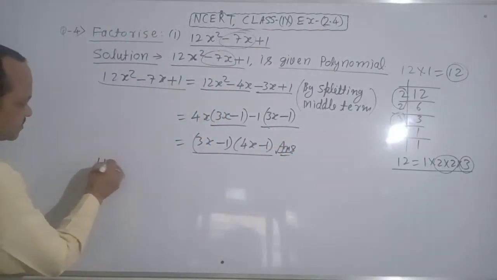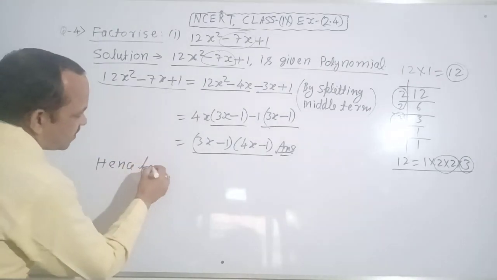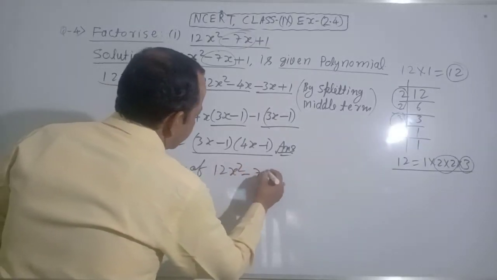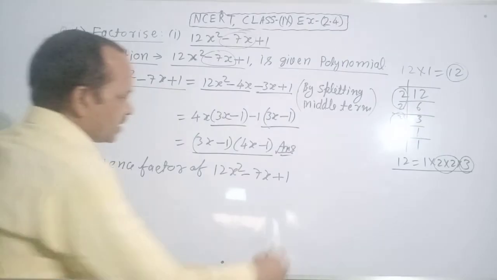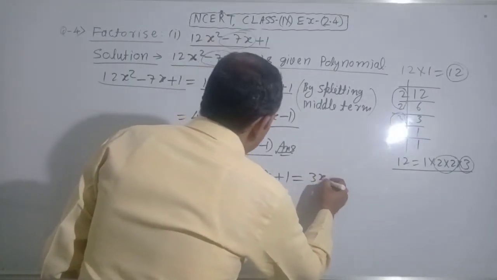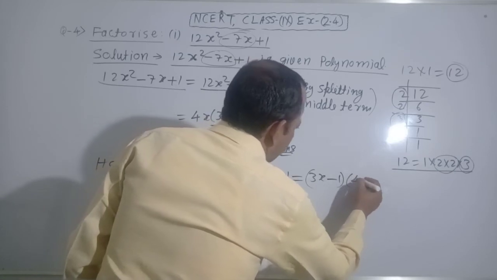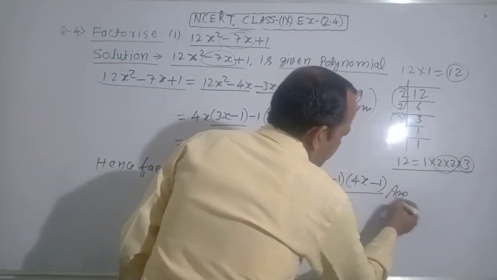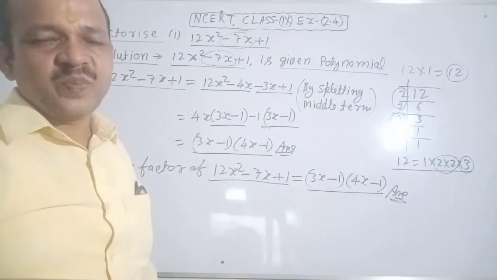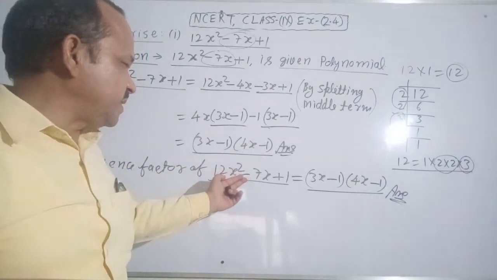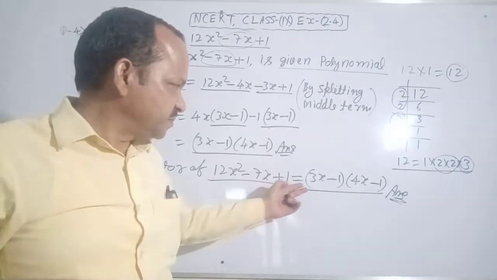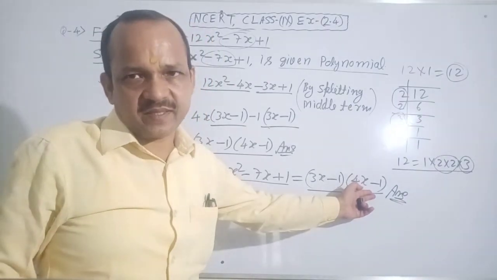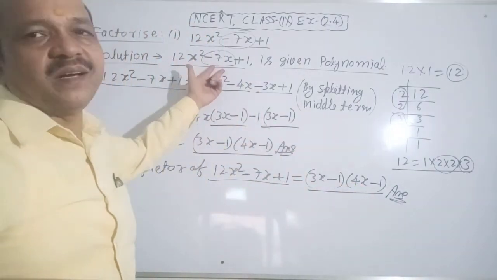Hence, the factors of 12x square minus 7x plus 1 equal to 3x minus 1 in the first bracket, 4x minus 1 in the second bracket, by splitting the middle term.